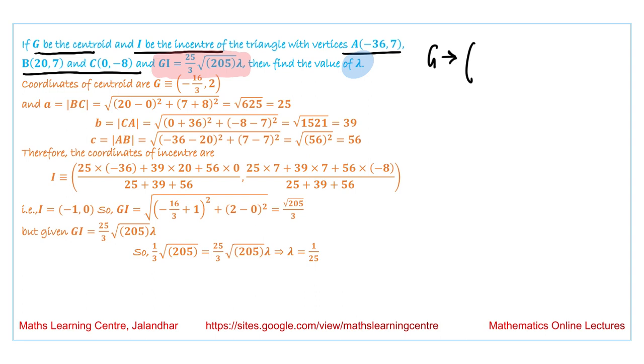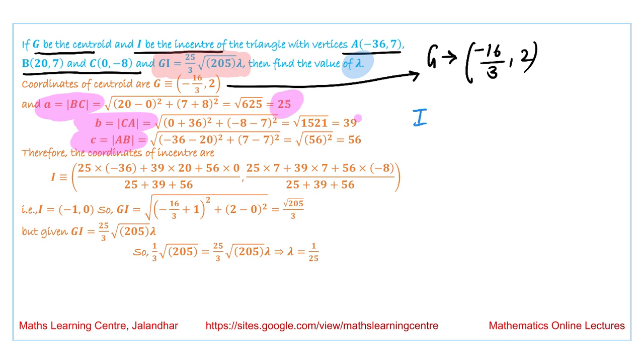We are using the formula (x1 + x2 + x3) by 3, (y1 + y2 + y3) by 3, and we will obtain the answer as (16/3, 2). These are the coordinates of the centroid. Next we have to calculate the coordinates of I. The formula we know, and for that formula we require the length a, that is the length of side BC, and the lengths of sides CA and AB.